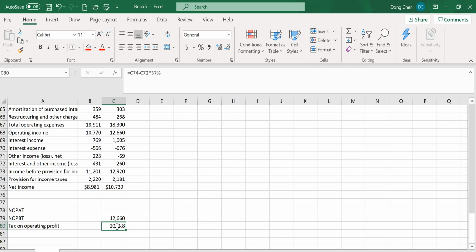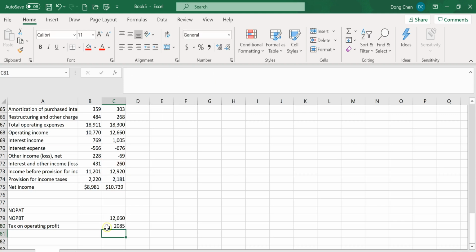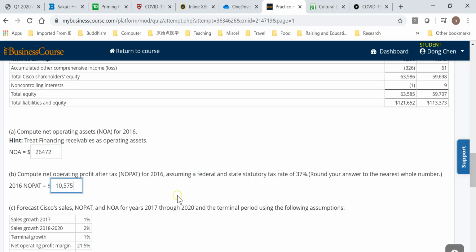I want to round this to 0 decimal places as required. Then NOPAT is NOPBT minus tax on operating profit, and I copy this number back.